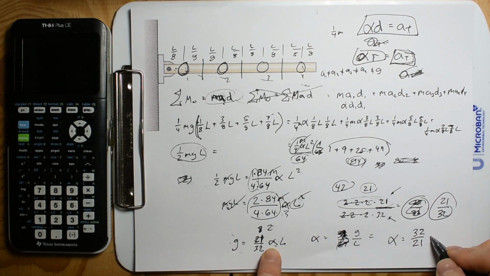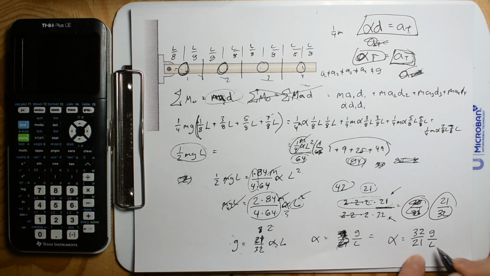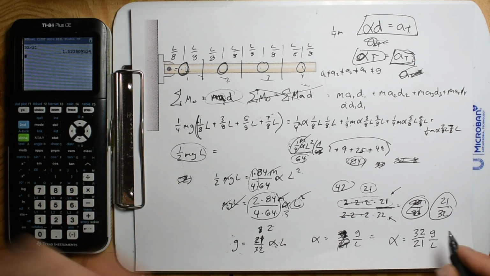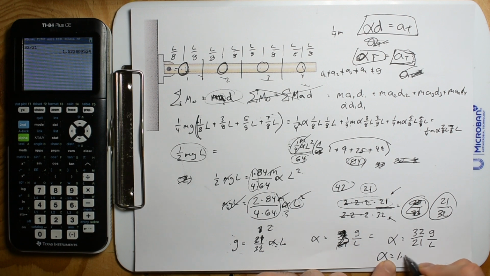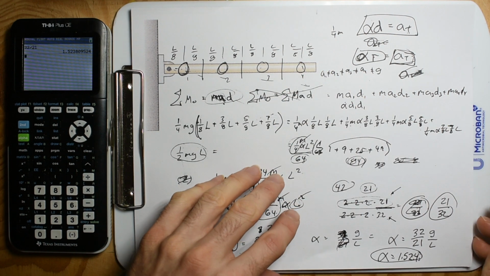And then we have, what do we got? Solve for alpha, so then I'm going to divide by L. So we have G divided by L. So we have 32 divided by 21 is alpha is 1.524. So now we're approaching 1.5. So we're getting a better and more accurate answer.